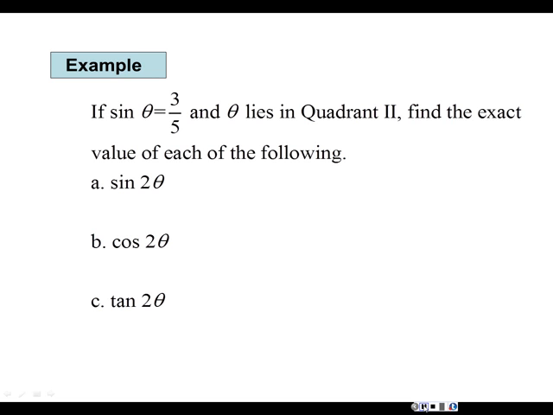By 2 times 7 by 16, 8. Is this negative 24 over 7? Everyone has the same answer? Negative 24 over 7 for tan 2 theta.